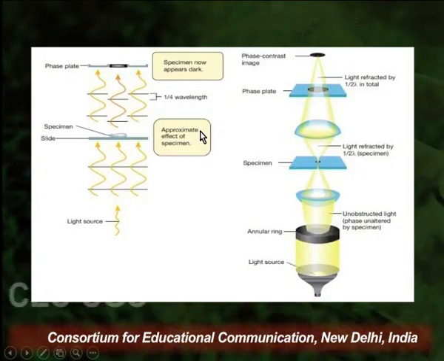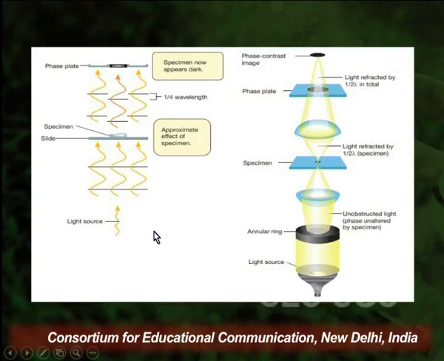So the slightest change in the phase of the light, which was earlier not perceptible to the human eye, is now visible because of the two components which we have inserted in a phase contrast microscope. Here this entire thing is represented with the help of a diagram.